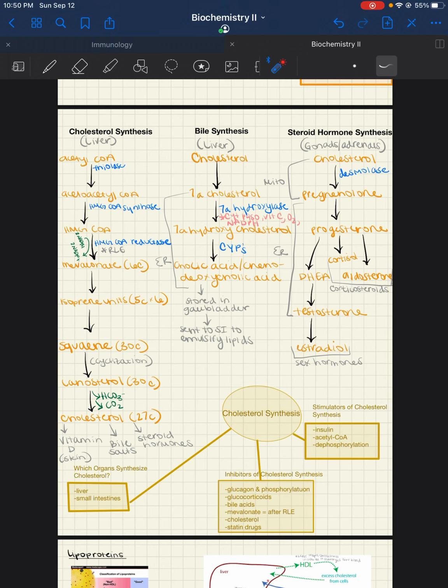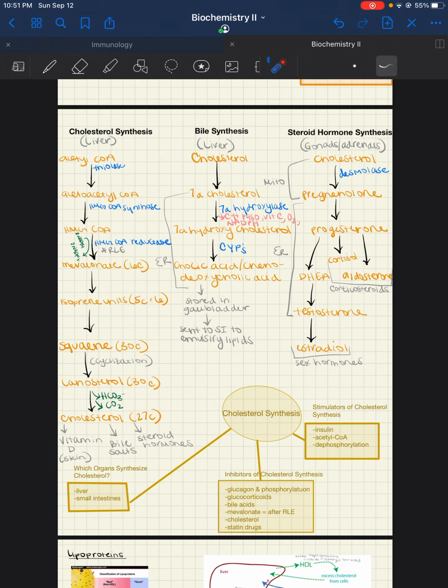Glucocorticoids or corticosteroids: if these are high, this means we don't need to be synthesizing cholesterol since we already have the products. If we have high bile acids, that means we don't need to do cholesterol synthesis because we already have some.